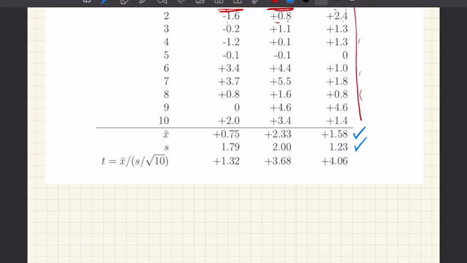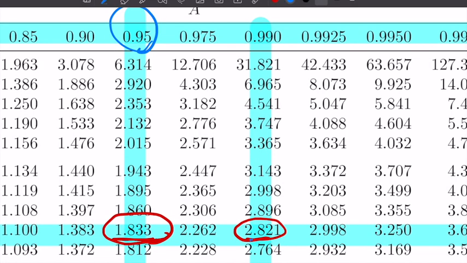If you remember, this is the unbiased sample standard deviation. And after all, the t statistic becomes 4.06, which is clearly larger than the 1% significance level of 2.86.